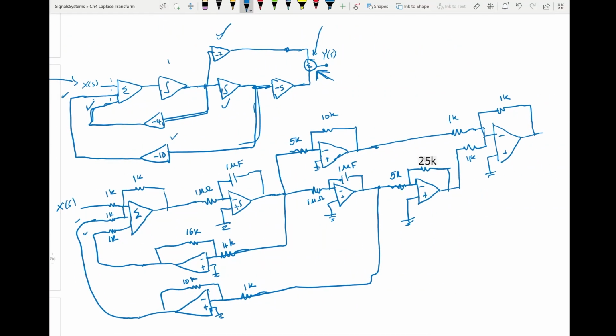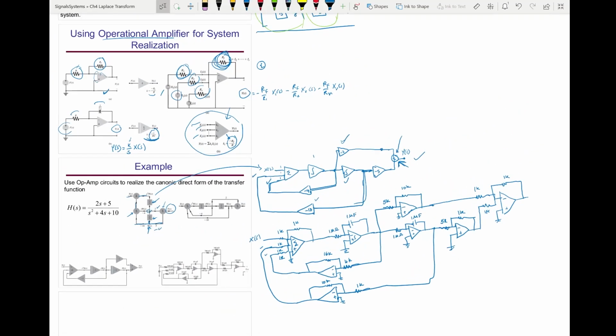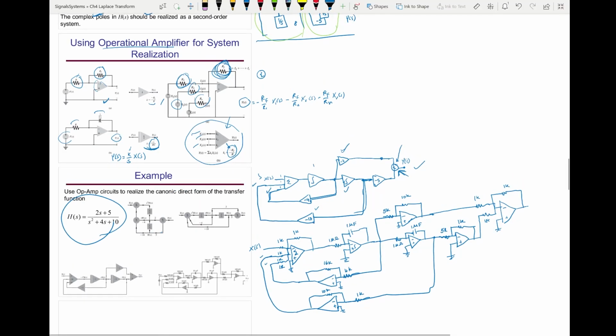Here we make this connection here. Minus, plus, ground. And this is the circuit that represents this block diagram and that represents this system using form to realization.